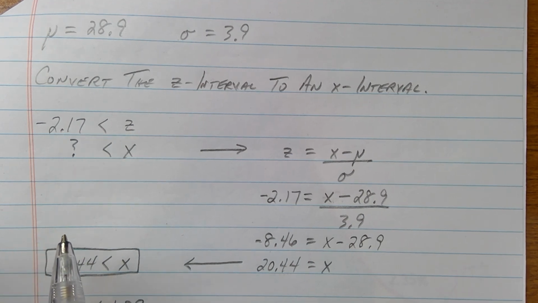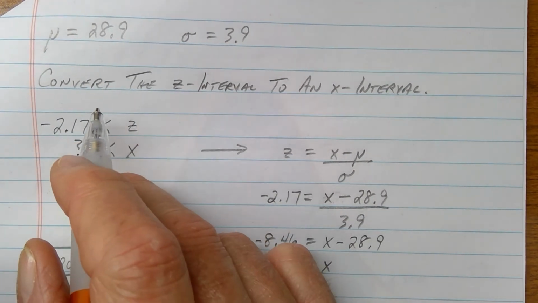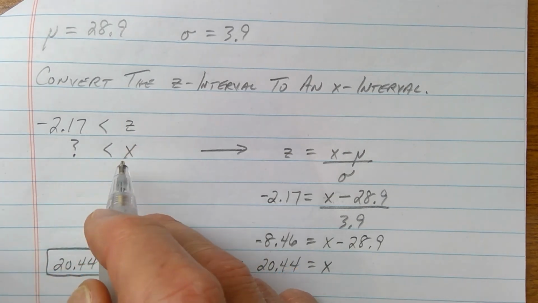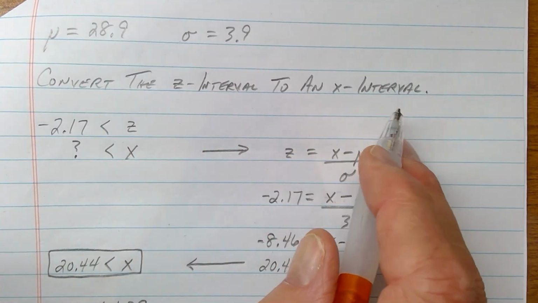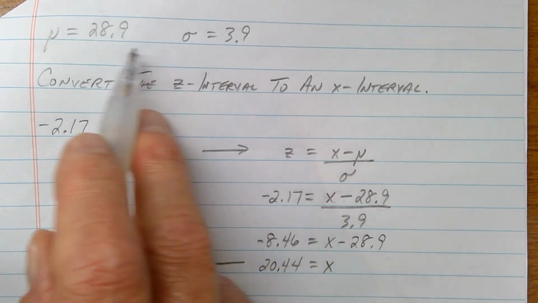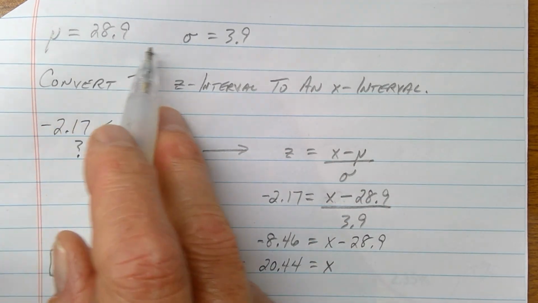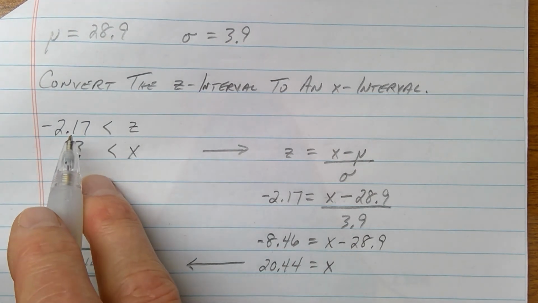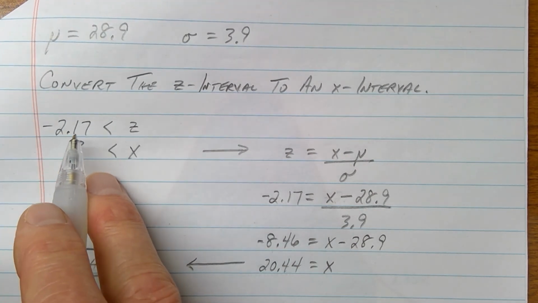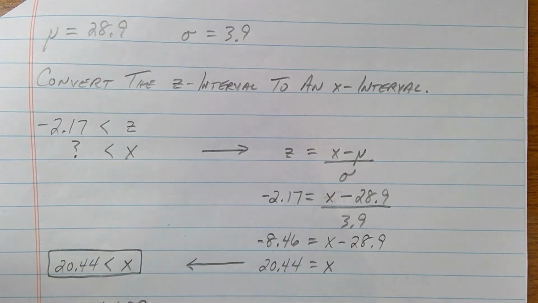All right, last thing we're going to do is convert some z's back to x's. So sometimes they'll ask you to convert the z interval to an x interval. So we're still using the same curve, all right? Average of 28.9, standard deviation of 3.9. Let's say they give you something like this. They say, hey, negative 2.17 is less than z, all right?